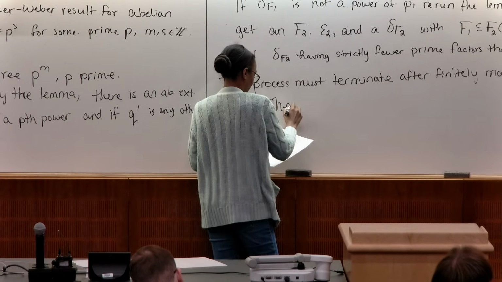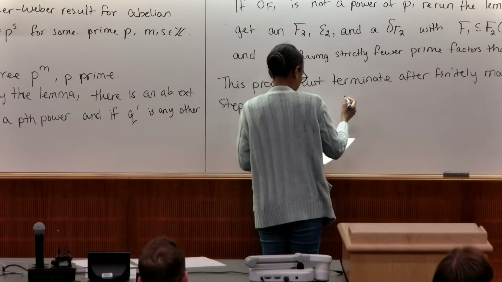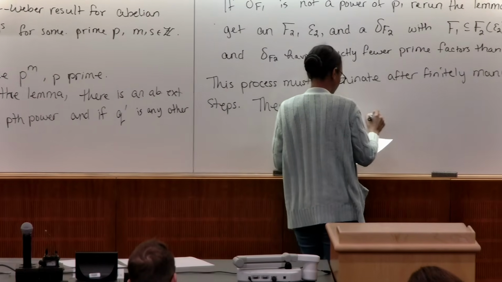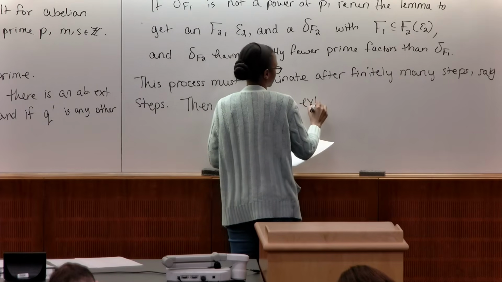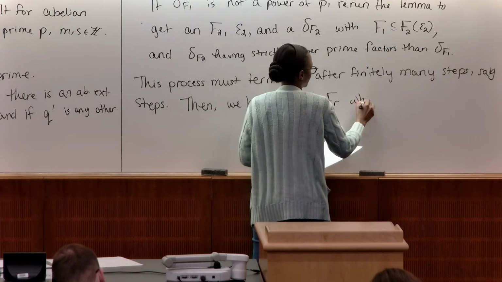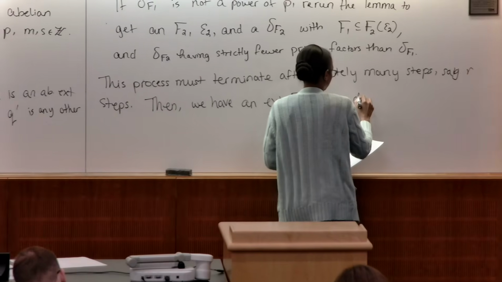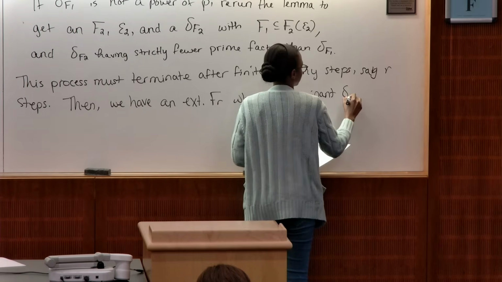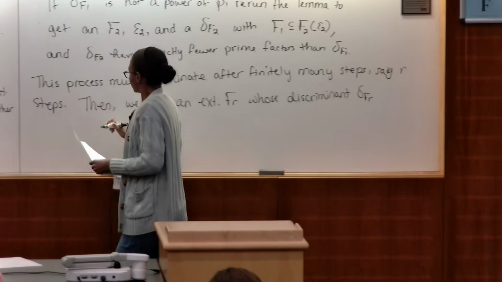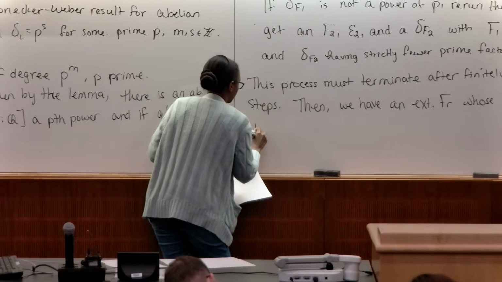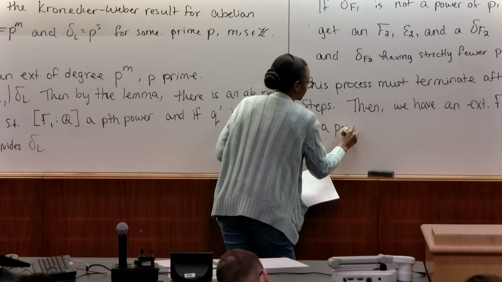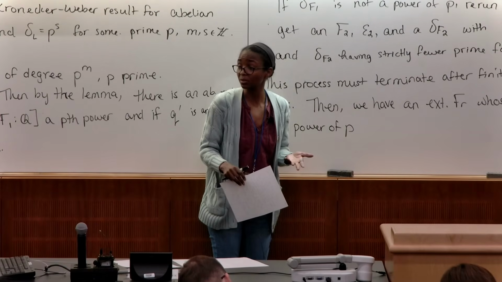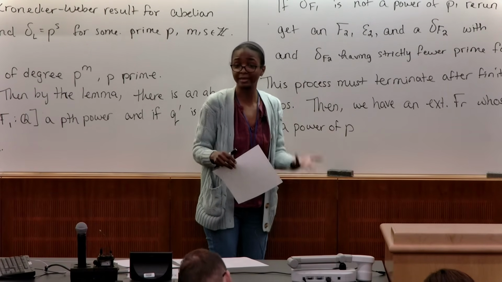So in our last step, we have an extension, FR, whose discriminant, delta FR, is a power of P. We are allowing for the possibility that FR is actually Q, so maybe you just removed all of the prime factors and you got down to the rational numbers.